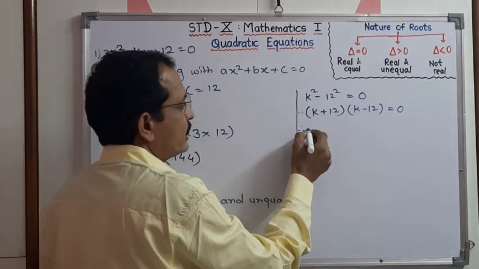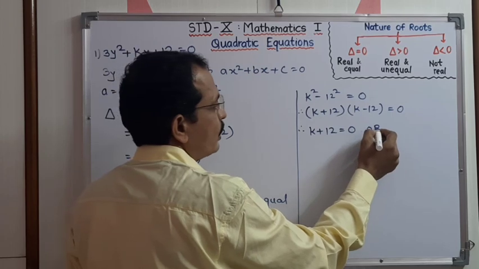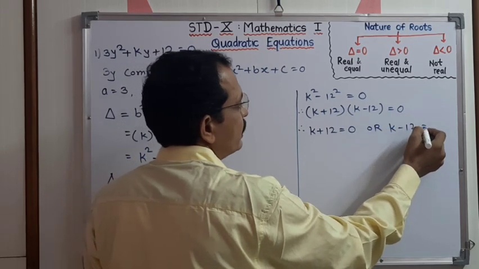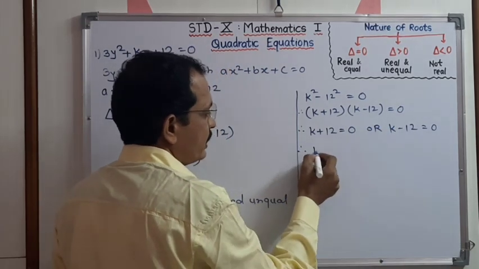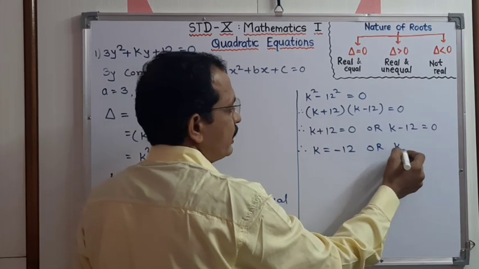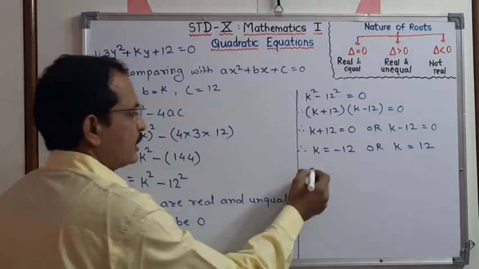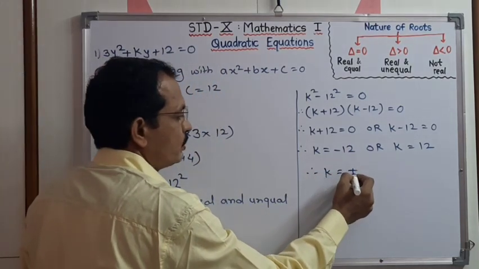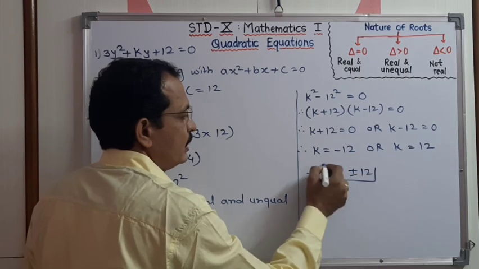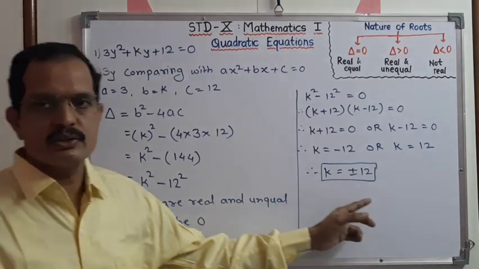Now dear student, we can write here k plus 12 equal to 0 or k minus 12 equal to 0. Therefore we get here k is equal to minus 12 or k is equal to 12. Therefore our final answer is k is equal to plus or minus 12. That means we get the value of k as plus or minus 12.